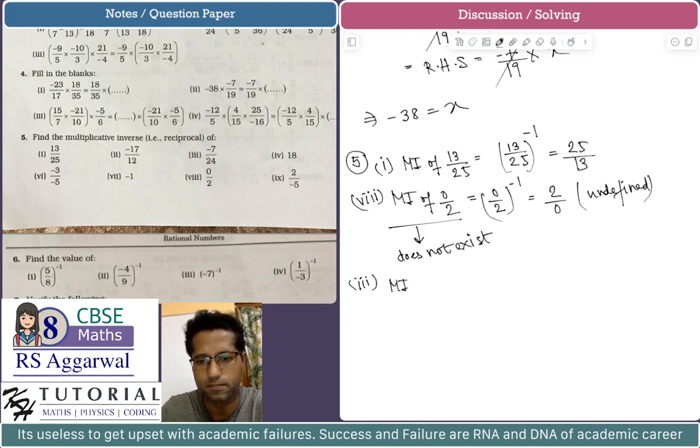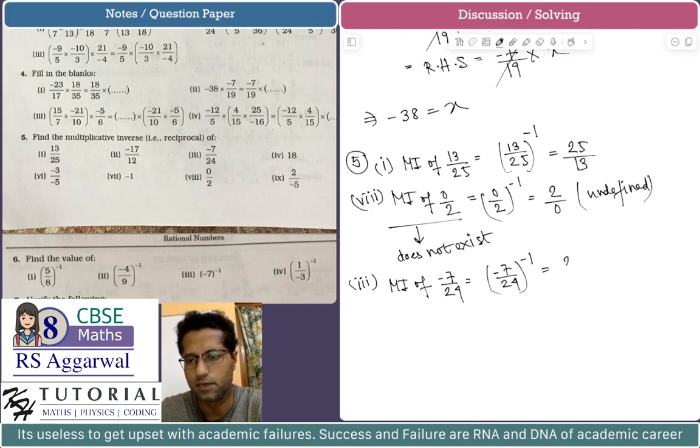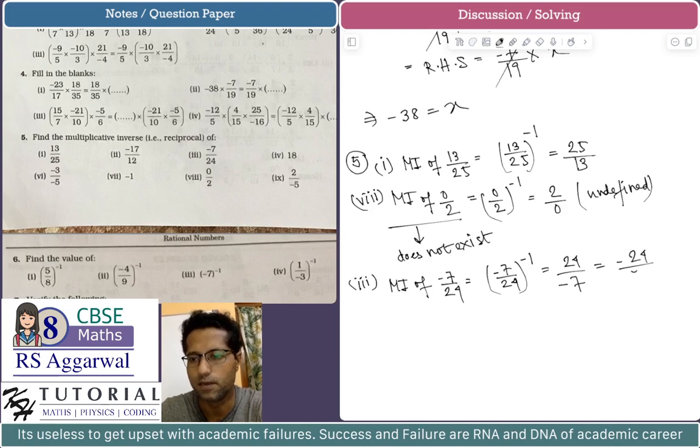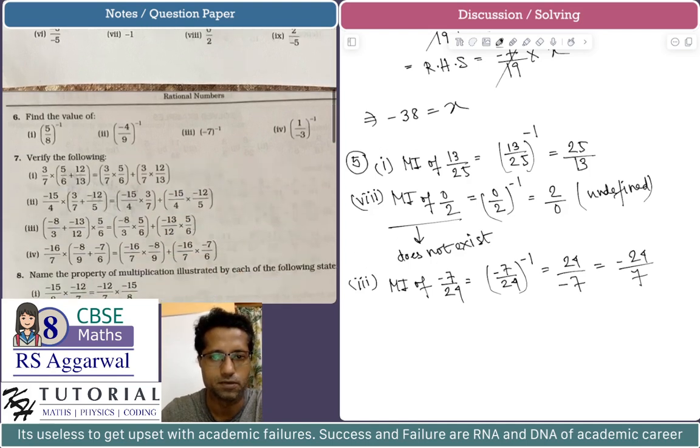So MI of minus 7 by 24 is, notation wise, minus 7 by 24 to the power minus 1, and the actual value is found by interchanging the numerator and the denominator. But the denominator now becomes negative, so make the denominator positive, and it becomes minus 24 by 7. Okay, let's move on to question number 6.